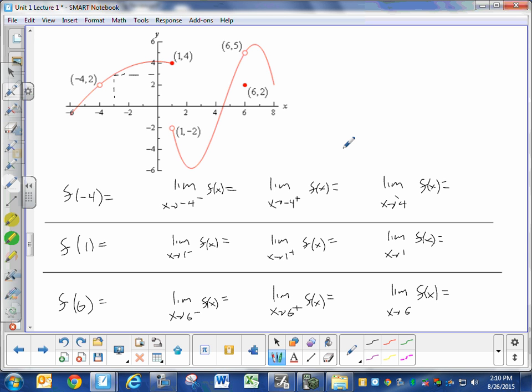Exactly. A little bit from the left, you go like 5. Okay, so you come a little bit from the right.